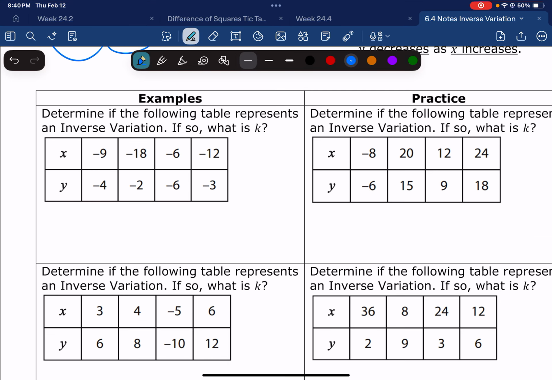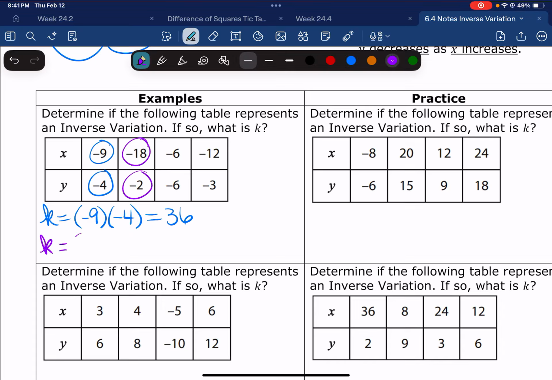Again, let's check to see if we have a constant of variation that exists. When I look at my first x value and y value that are corresponding, they go together. If I were to multiply those together, -9 times -4 gives us a positive 36. Take the next corresponding x and y value.